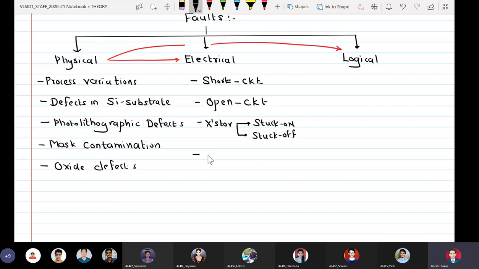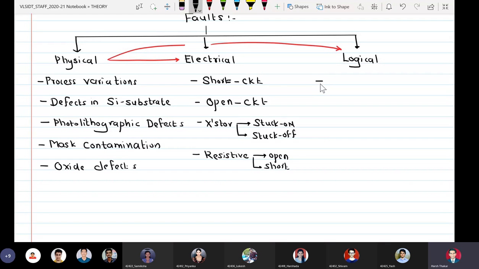Then we have resistive open and short, etc. Logical faults, we have many, but we will not discuss all.